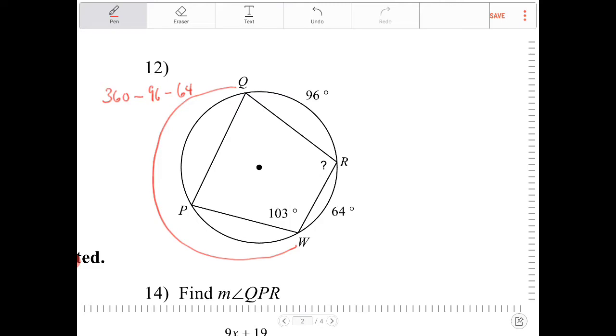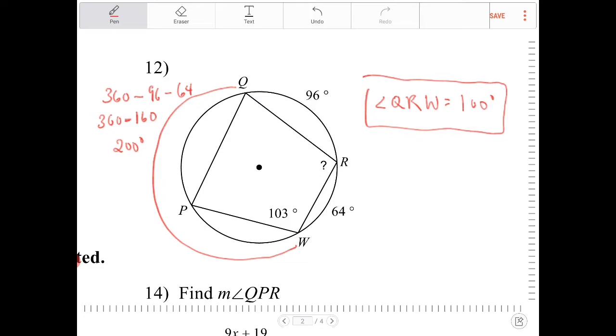If I combine 96 and 64 together, I get 160. So that means arc QPW is going to be 200 degrees. And if arc QPW is 200, then angle QRW is going to be half that. It's going to be 100.